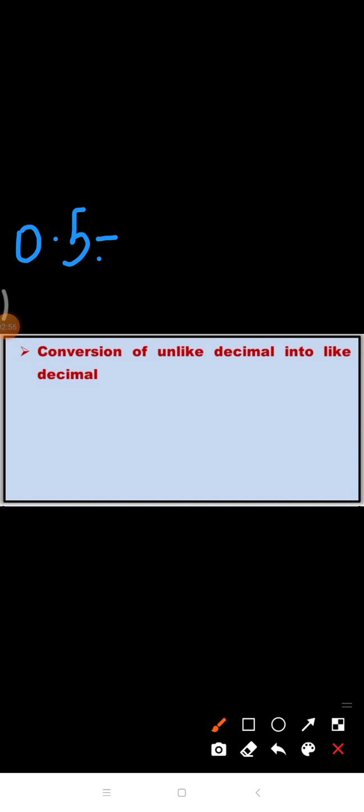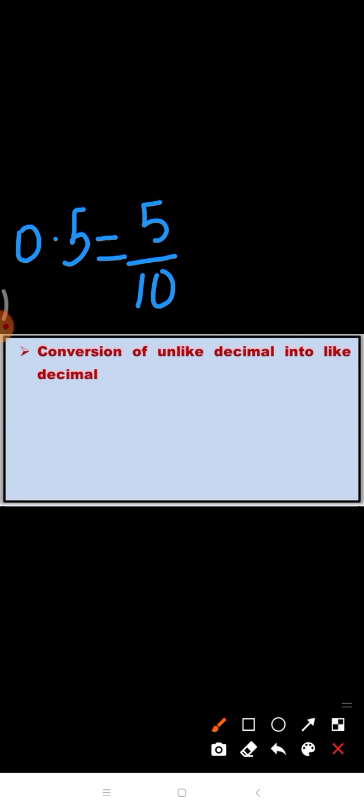Now students, question is how to convert unlike decimals into like decimals. Consider an example, students. We have 0.5. And we already know 0.5 is equal to 5 upon 10.